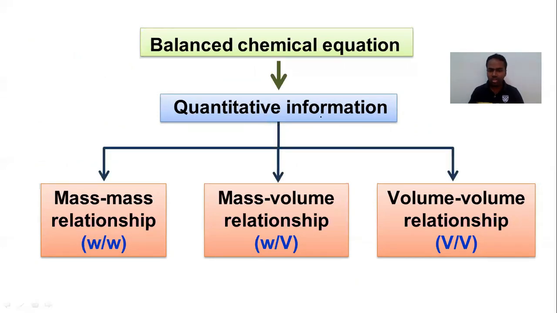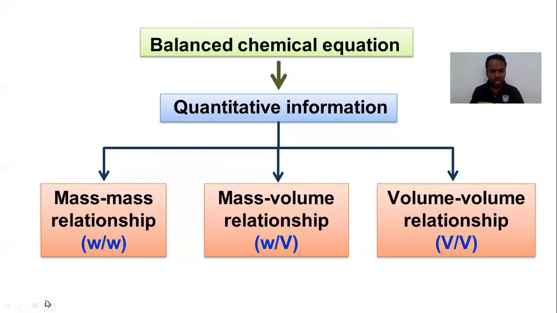So based on these physical quantities, like weight and volume, again there are 3 relations: mass-mass relationship, mass-volume relationship, and volume-volume relationship. Let us say today's session, within the given time, I can complete the mass-mass relationship. The first, I can discuss some normal intermediate level, then one previous IIT or NEET level question.